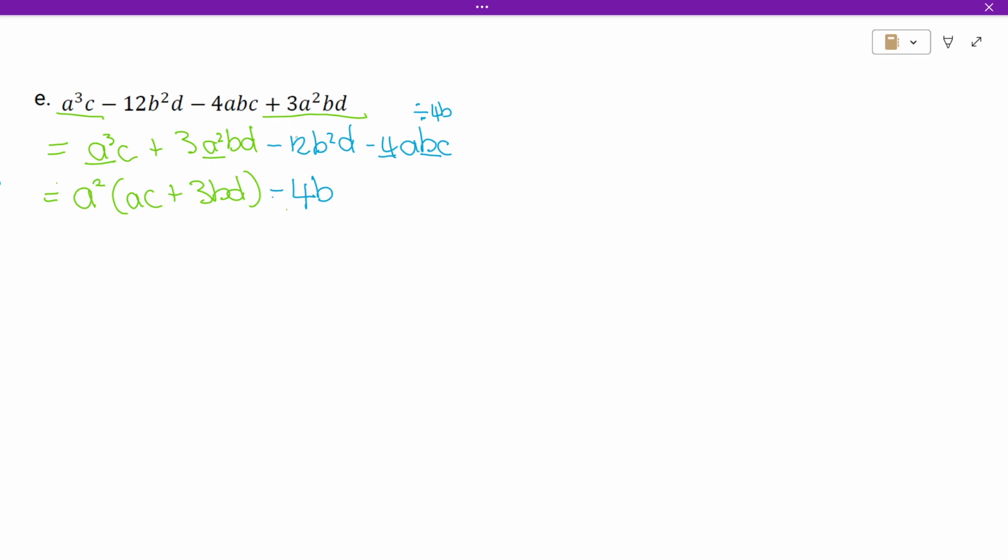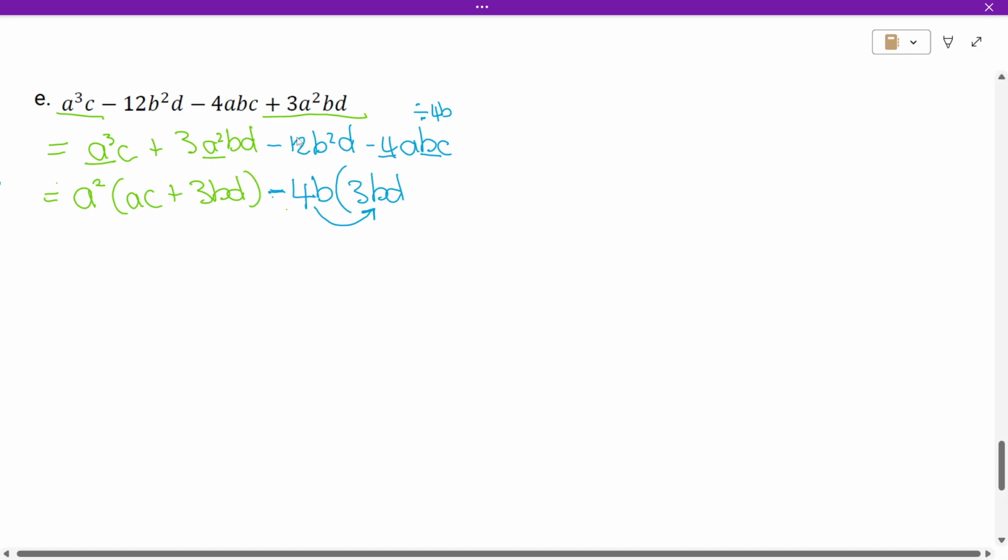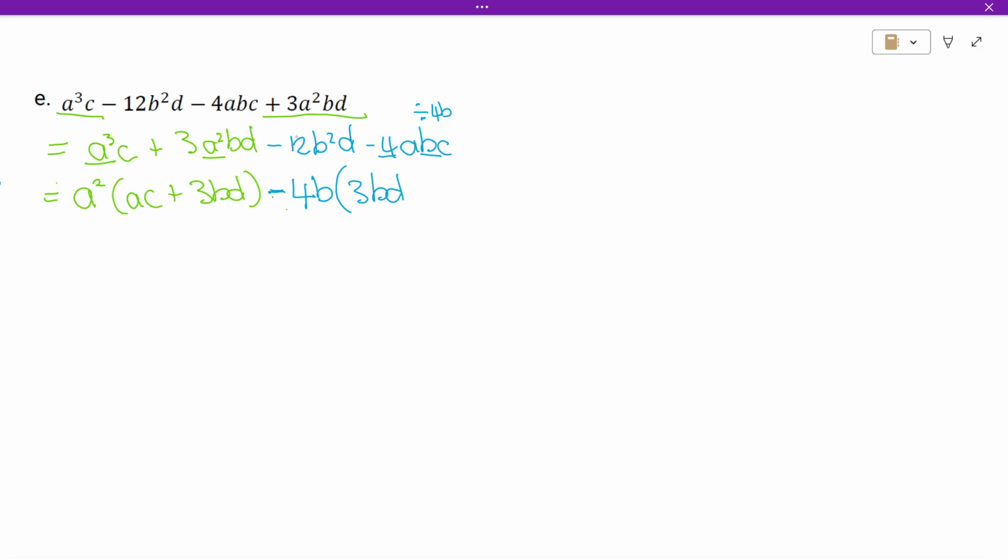Okay, so I just took the minus sign there, and then 4b, and then we have left over here 3bd, and be very careful with the next part. Remember that because you have the minus sign outside the bracket, this sign now becomes positive. Reason being, if you multiply these two together, negative times positive gives you negative, which gives you minus 12b^2d. Okay, so just make sure that you get that part.